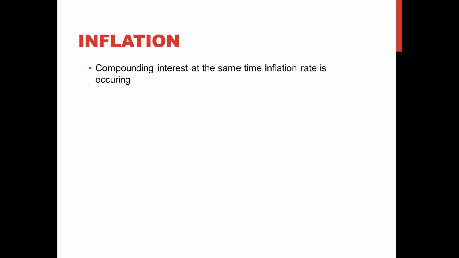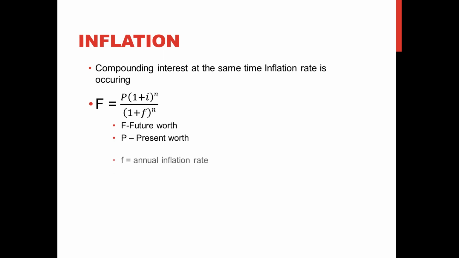So if there is a compounding interest at the same time the inflation rate is occurring, we will just have to include (1 + i)^n in the numerator of the original formula of the future worth relating to the present worth. The same notations apply. So interest rate will be involved now.